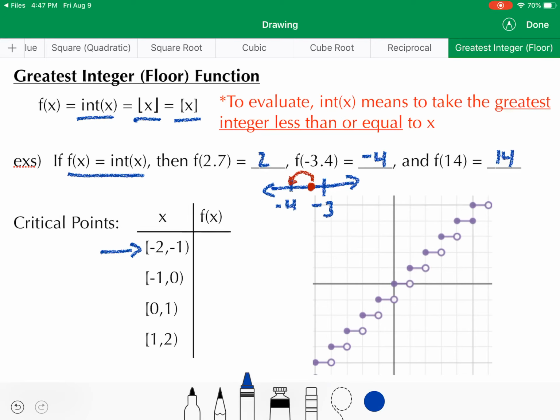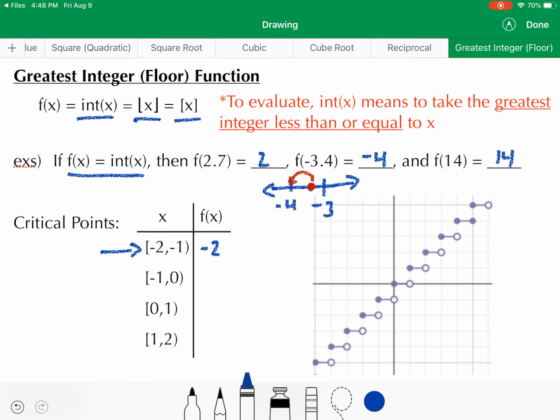I've set that up that way because I know by this definition that's in red here, all of the numbers that fall between -2 and -1, so -1.5, -1.6, and so on, all of those numbers should result in the same y value from this function. They're all going to result in a y value of -2.